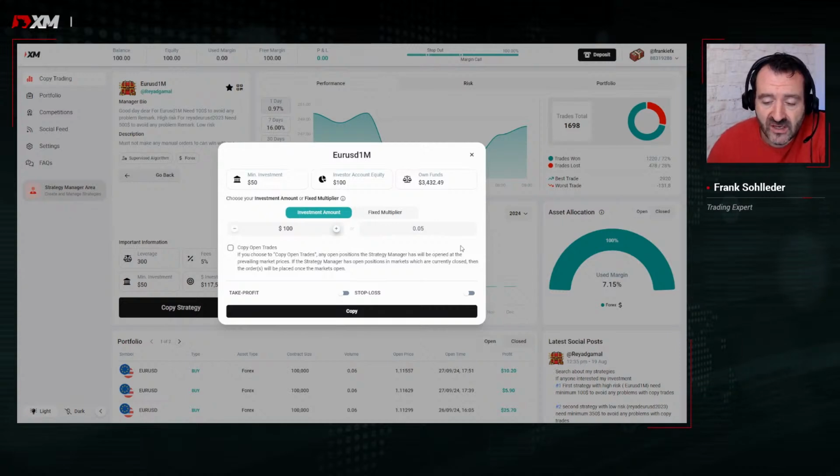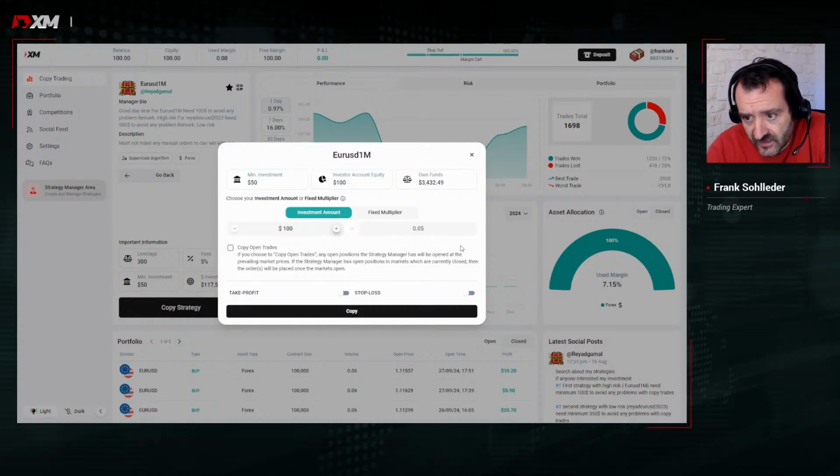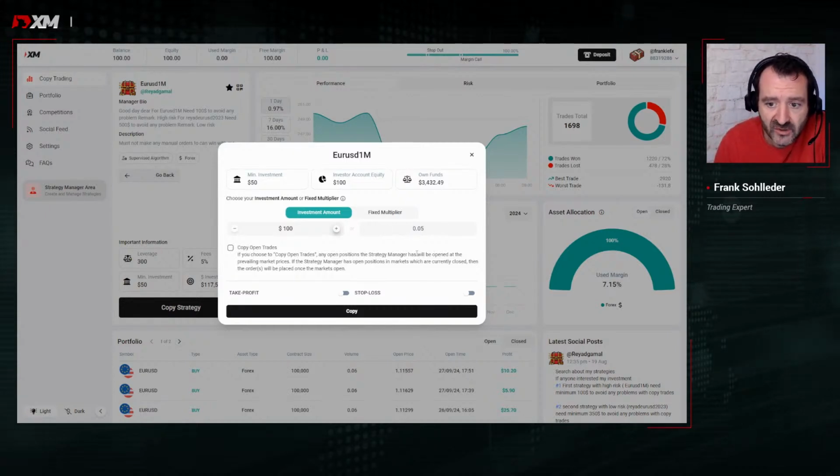Yeah, so the thing here is that our account is connected to it with the factor 0.05. That means when he opens a lot, I'm taking 0.05 lots, for example. That's what it means. So you could have a take profit set here.